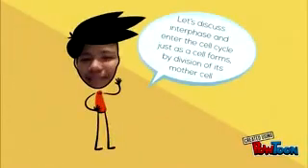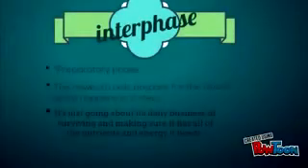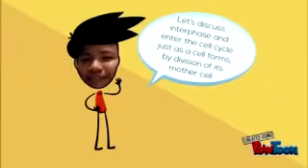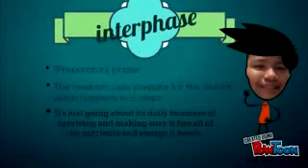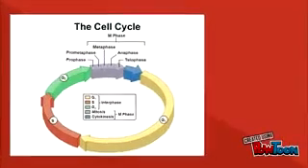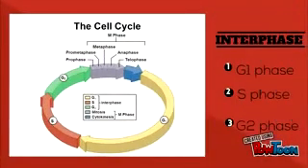Let's discuss interphase and enter the cell cycle just as a cell forms by division of its mother cell. Interphase is also known as the preparatory phase. The newborn cells prepare for division, which happens in three steps.